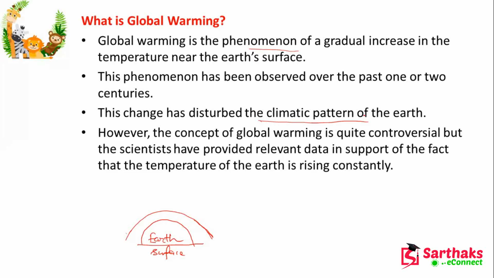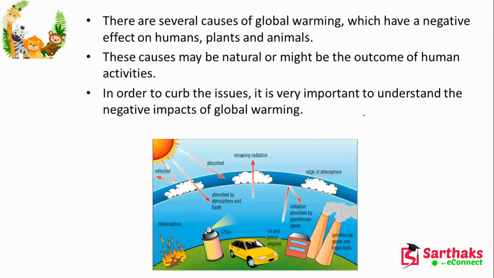Global warming is the phenomenon of a gradual increase in the temperature near the Earth's surface. There are several causes of global warming which have a negative effect on humans. Due to this, human beings will be affected, plants will be affected, animals will be affected.